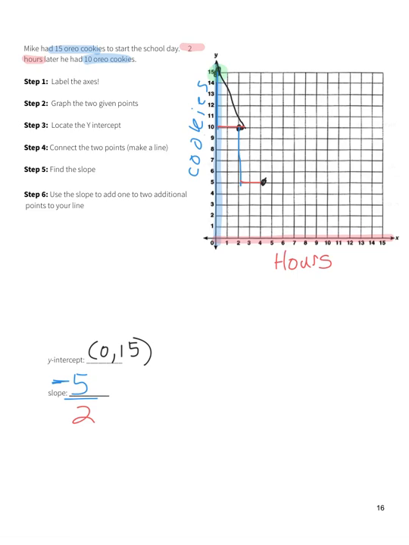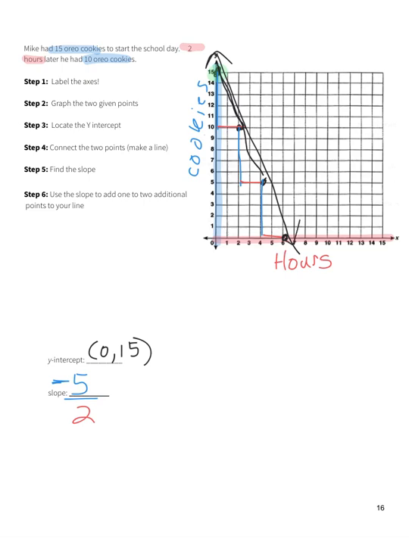Down 5 over 2. And that would be another point. And so now I'm just going to connect these points that represent the slope, or the consistent rate of change. And let's pretend I can do a straight line. Okay, that's a beautiful, perfect straight line.